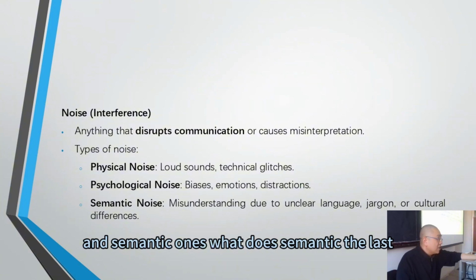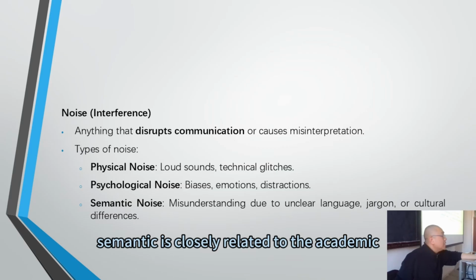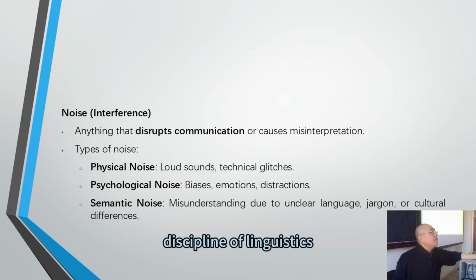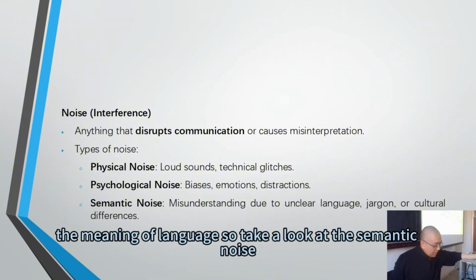What does semantic, the last one, mean? Semantic is closely related to the academic discipline of linguistics. Semantics or semantic normally means the meaning of language. So take a look at semantic noise.